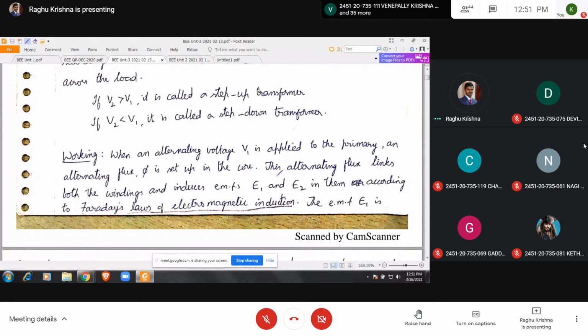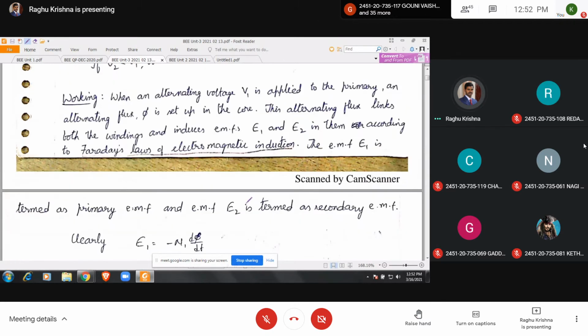Here you can see this alternating flux links with both the windings and induces EMFs E1 and E2 in them according to Faraday's laws of electromagnetic induction.